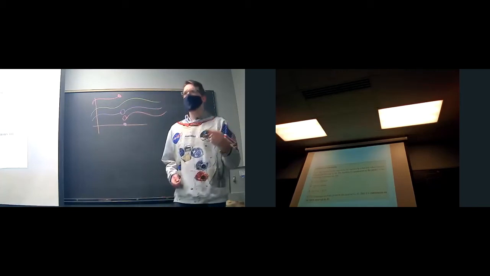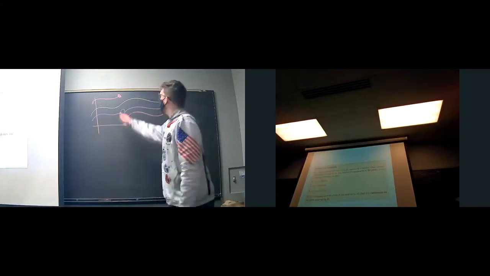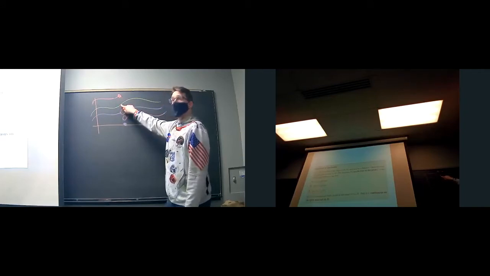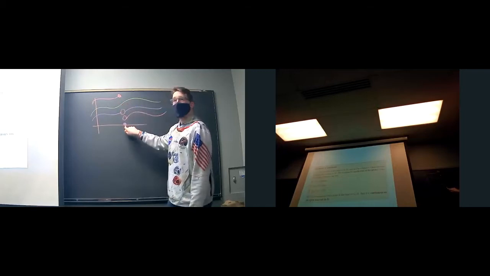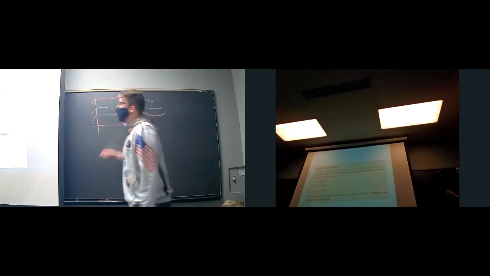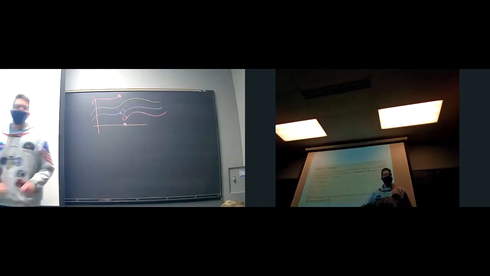In all of these cases, our function exists at C. Like here, our function would be whatever this point value is, whatever this y is. In this purple case, it would be this point here, 0. So we can say, in all three of these, our function is defined at C.